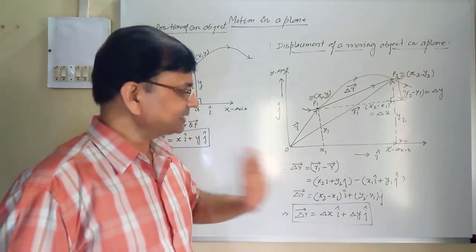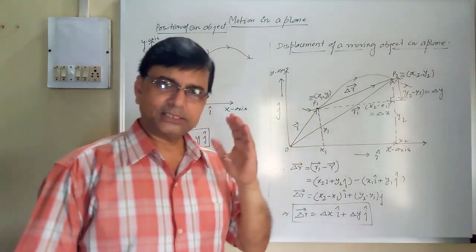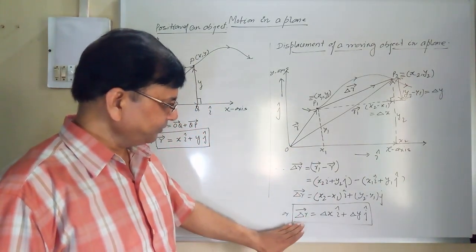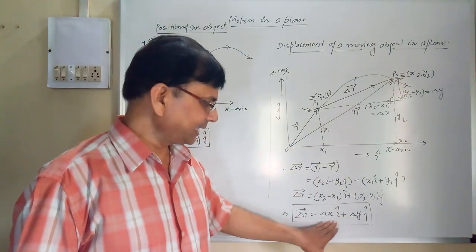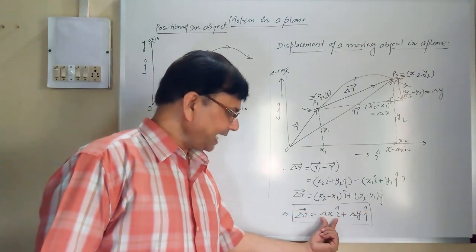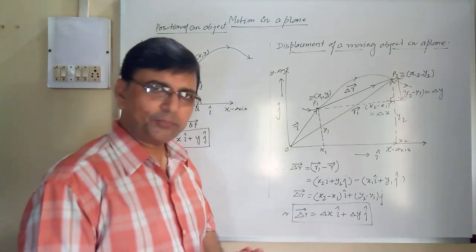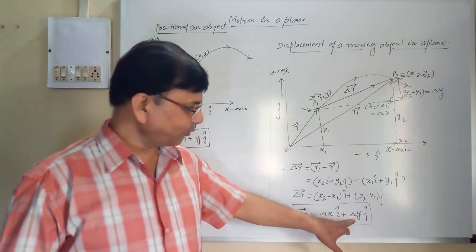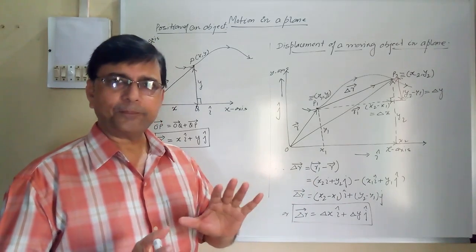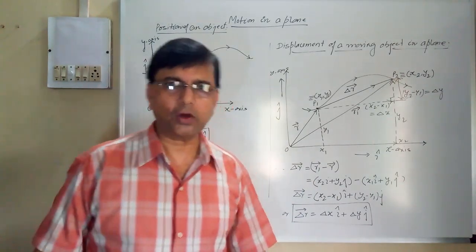So the displacement concept is clear. When the object is moving in the plane, displacement is given by delta r, that is delta x i plus delta y j, where delta x is the change in x coordinate of these two positions of the object, and delta y is the change in y coordinate of the positions of the object.